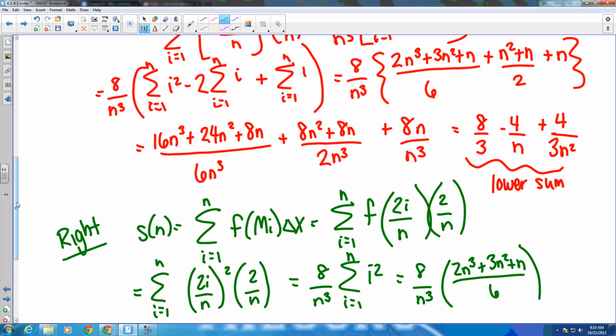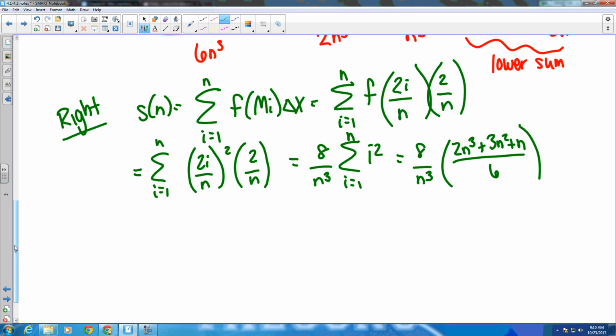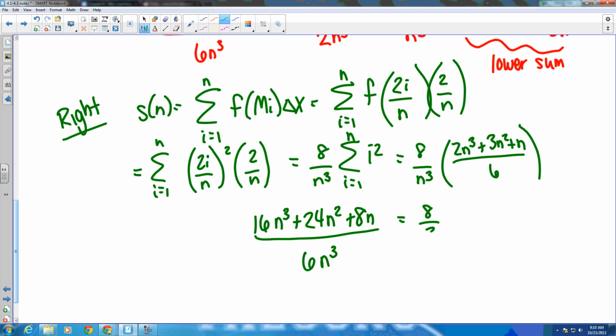We would distribute that 8 into our, there we are, (16n cubed plus 24n squared plus 8n) over 6n cubed. This would simplify to 8 thirds plus 4 over n plus 4 over 3n squared. This is our upper sum.